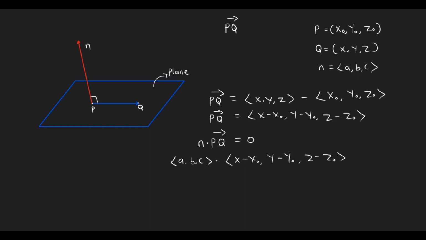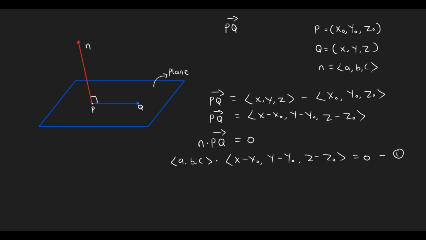And this should be equal to 0. This equation, which I'll name as equation 1, is known as the vector equation of a plane.